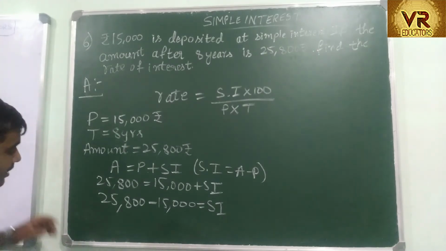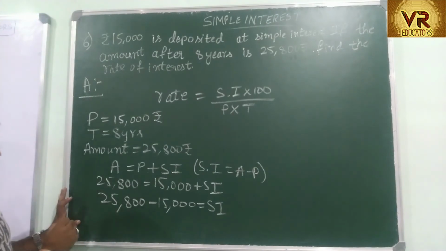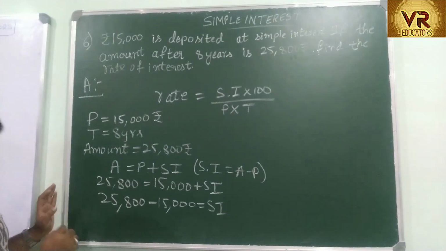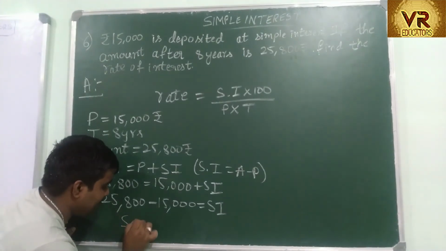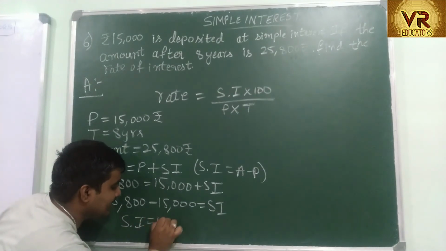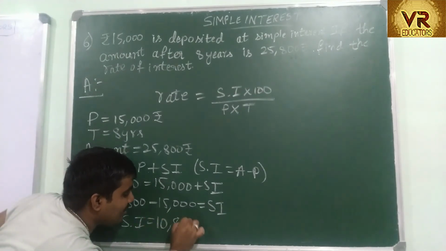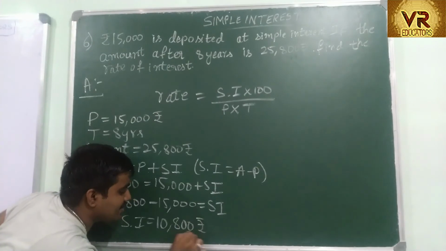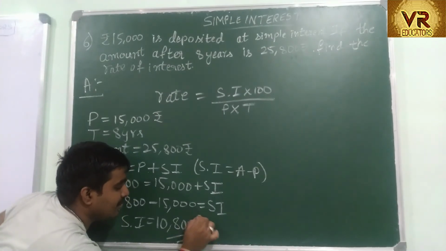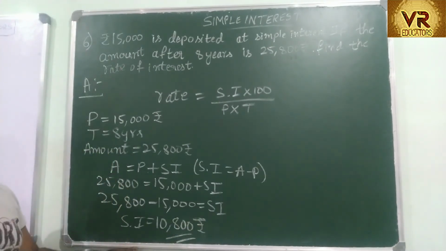Okay. 12,000 or 10,000? So the simple interest after subtracting is 10,800 rupees. 10,800 is your simple interest.